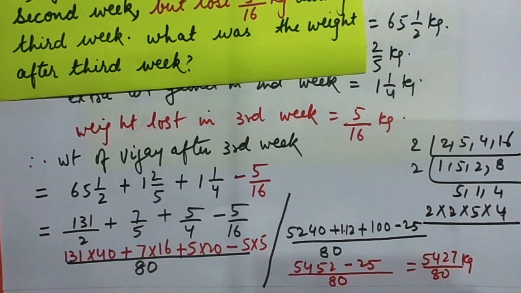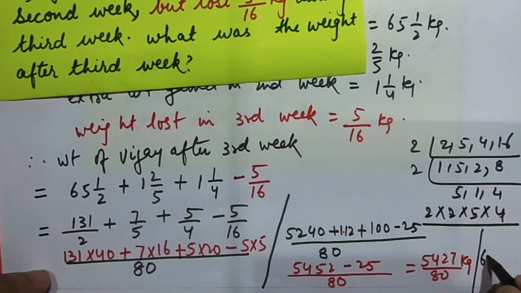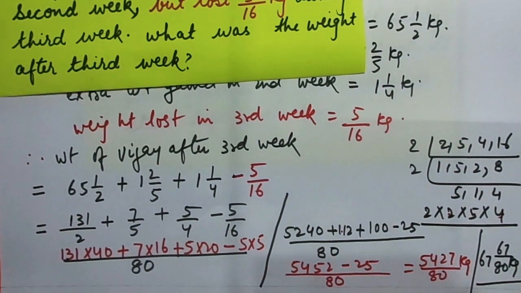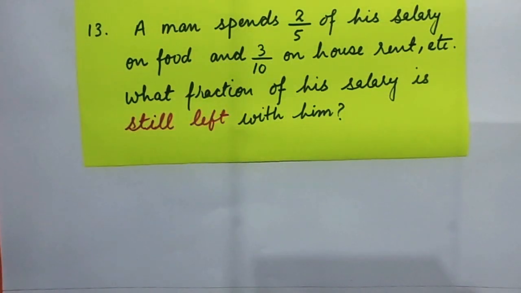Are you going to change into mixed value? You should. 67 by 80.